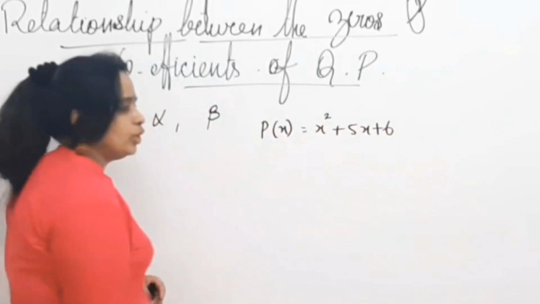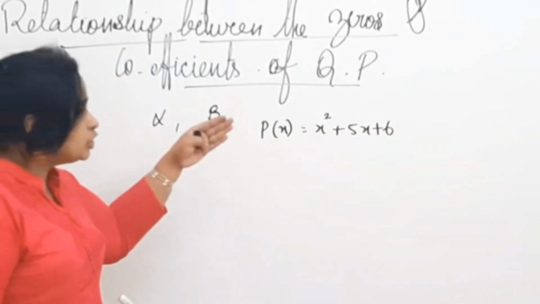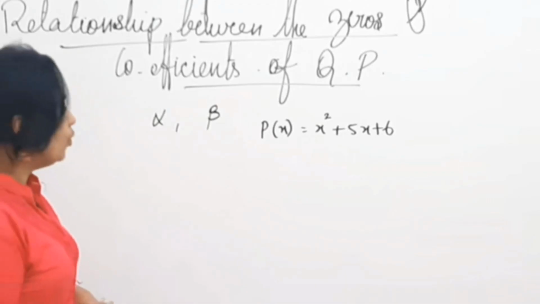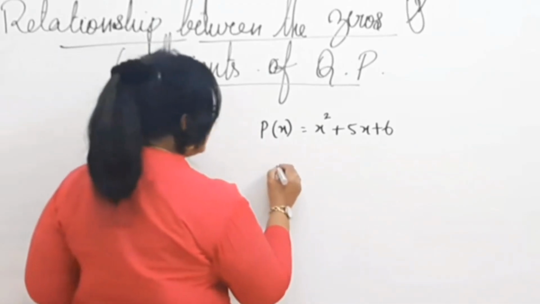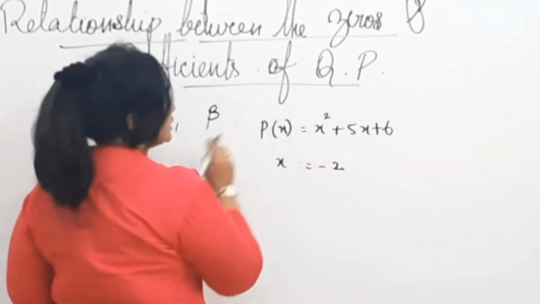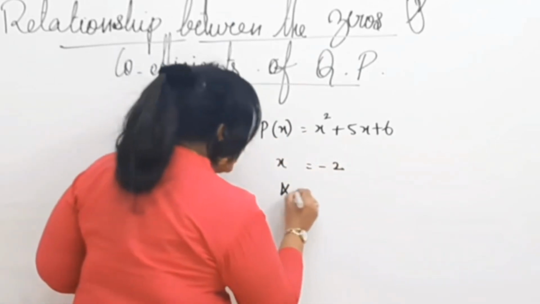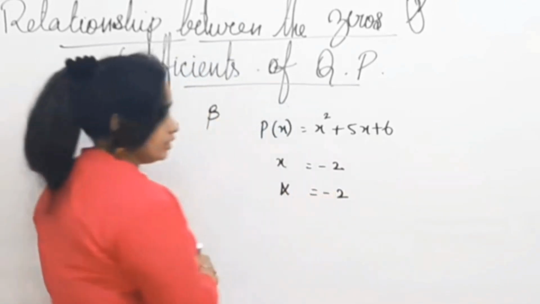I take that same polynomial, and minus 2 will make this polynomial 0. So x is equal to minus 2 makes that polynomial 0.